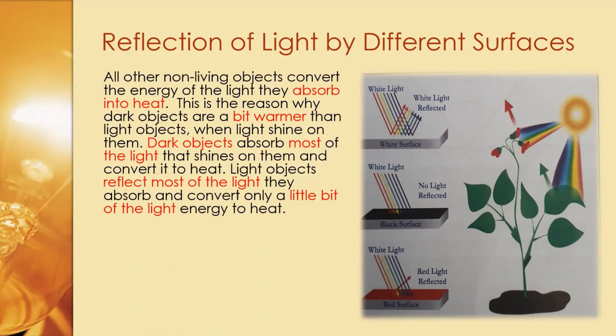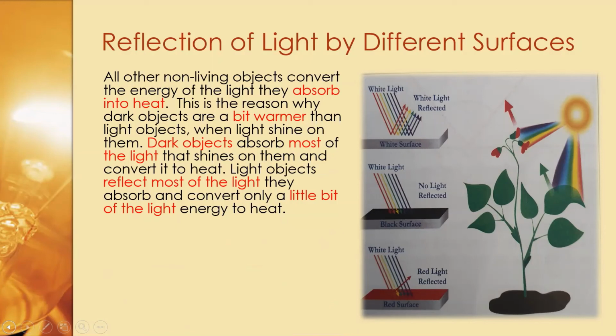All other non-living objects convert the energy of the light they absorb into heat. This is the reason why dark objects are a bit warmer. As you can see here, the black surface is the dark object in the example, so it gives us a bit warmer heat than light objects.